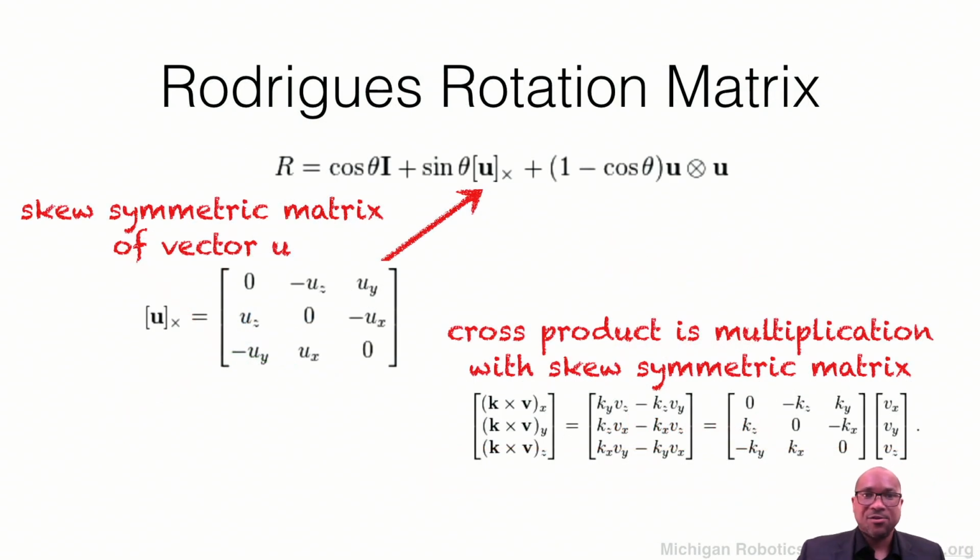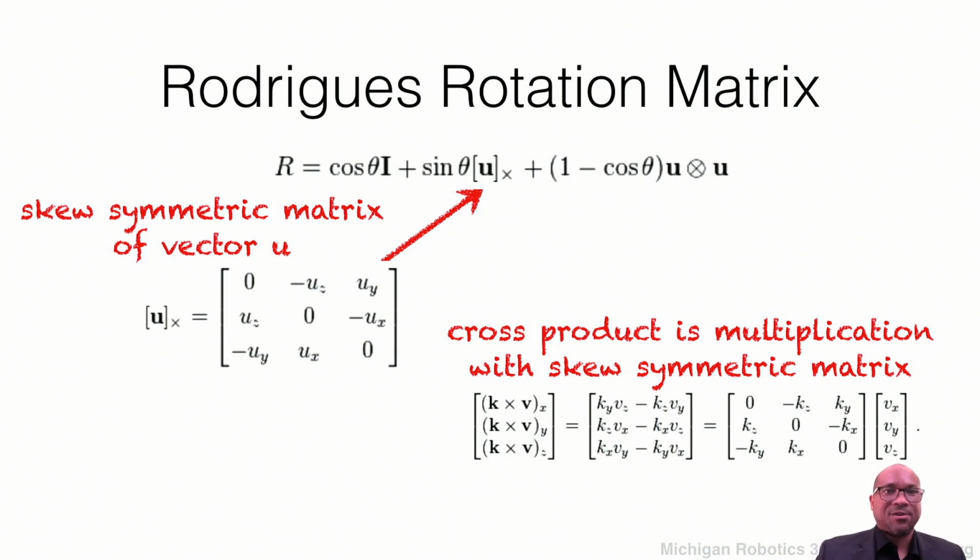And so we can use this to form a rotation matrix as well. Just noting that we need some operators that we pull back from linear algebra. If we want to compute this, U bracket X is a skew symmetric matrix, usually used to perform a cross product.